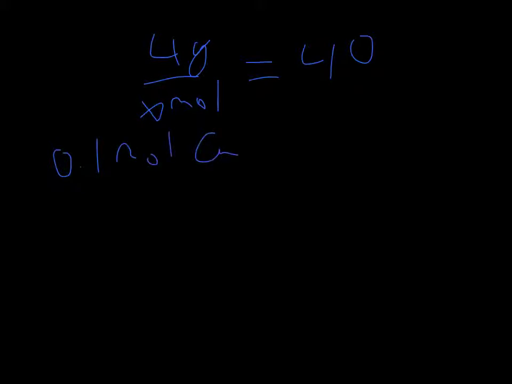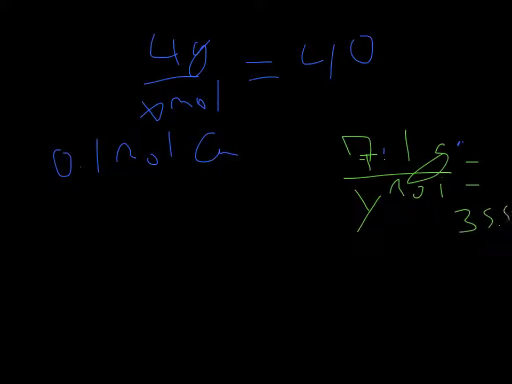Well, then we take the 7.1 grams of chlorine. I'll do this in a different color actually. Let me erase. Alright. 7.1 grams chlorine over Y moles, and that is going to equal the chlorine one, which is 35.5.